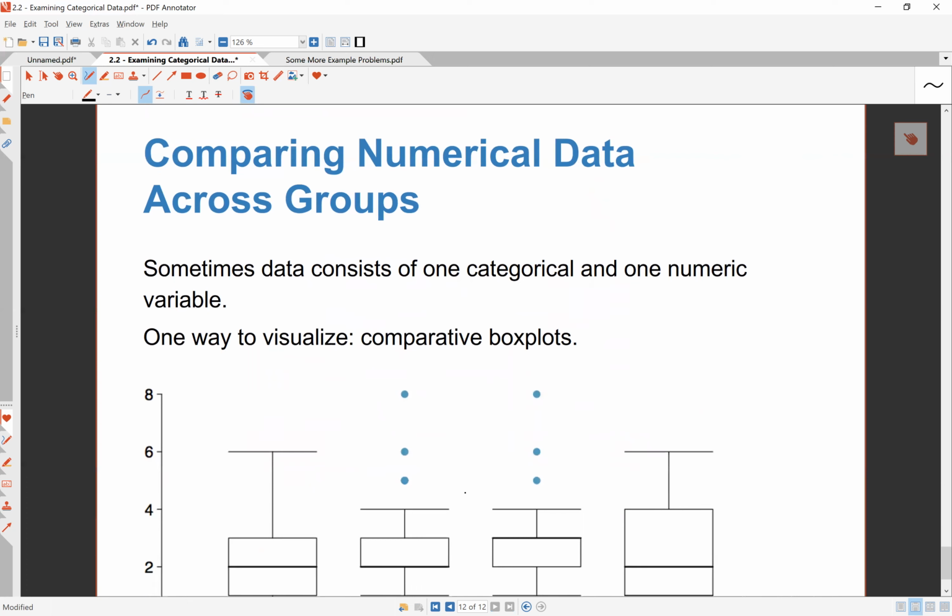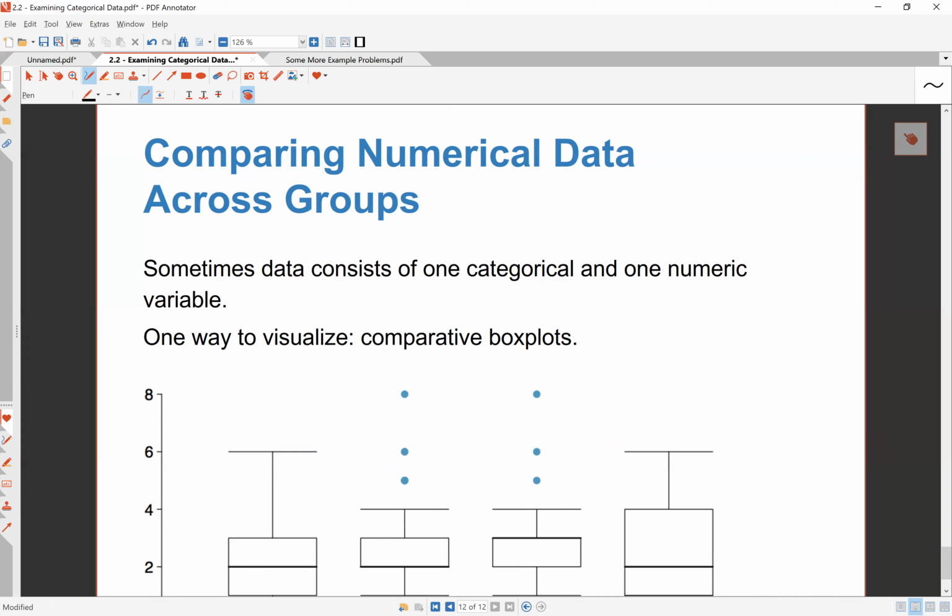finally, to conclude this section, we've focused on looking at individual numeric variables, looking at two numeric variables together, looking at individual categorical variables, looking at two categorical variables together.